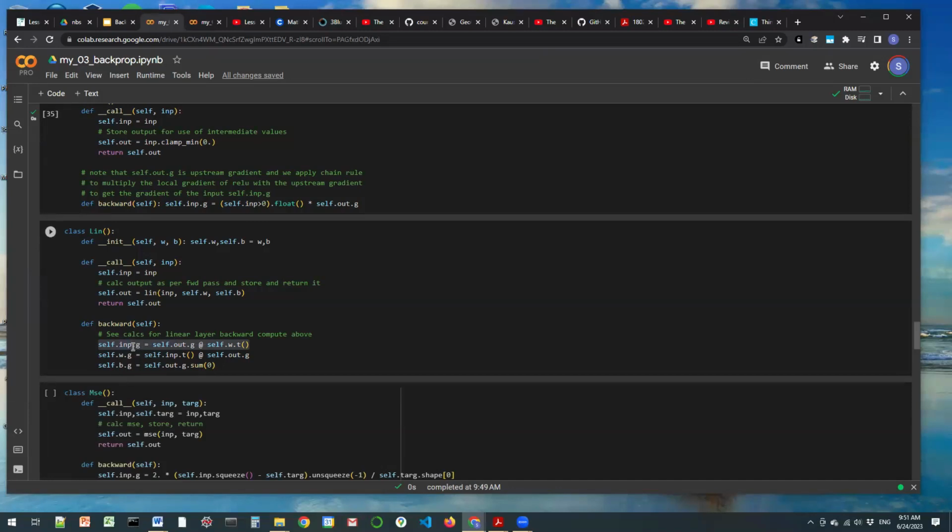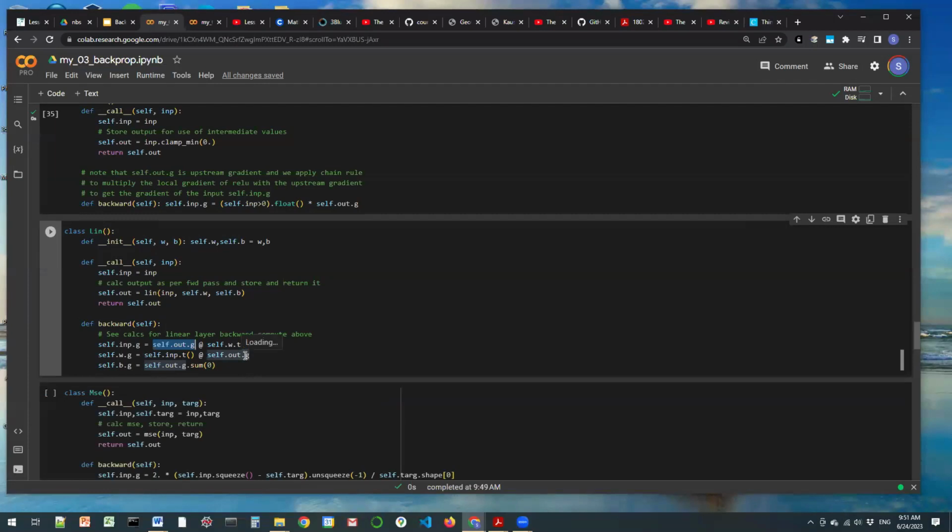So we need to calculate the input gradient, the weight gradient, and the bias gradient. In each case, we also need to multiply each of these gradients by the upstream gradient. The upstream gradient coming into us is the gradient of the output. It's stored in the output's .g parameter.